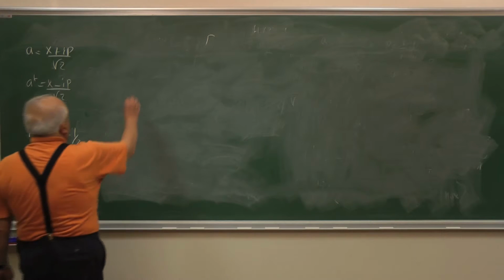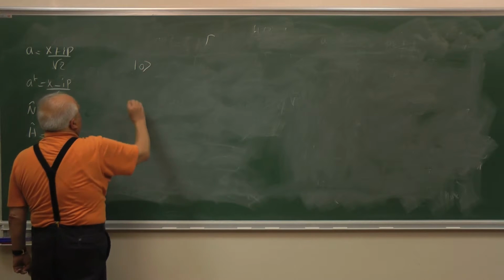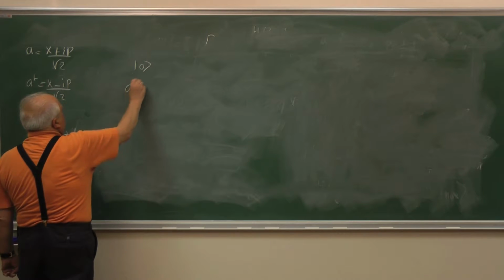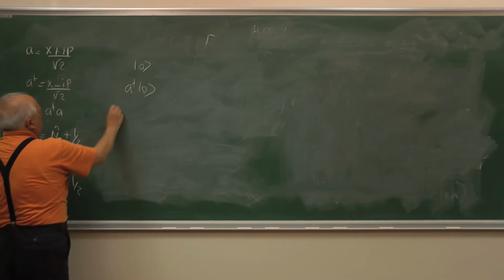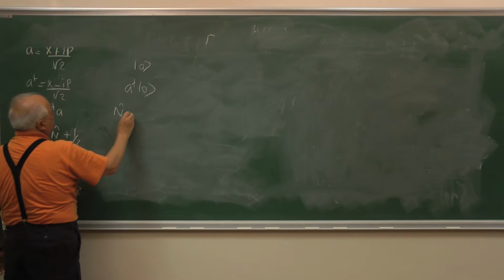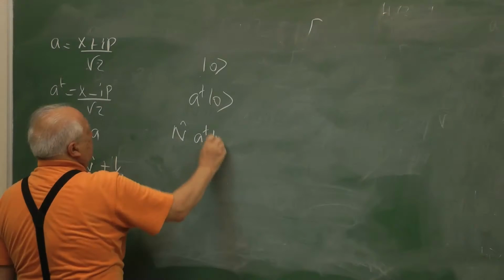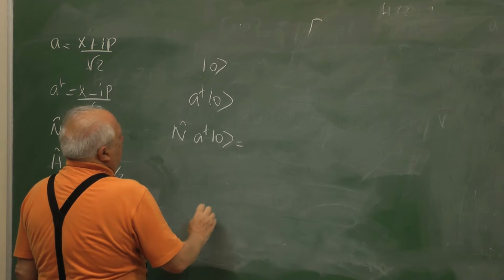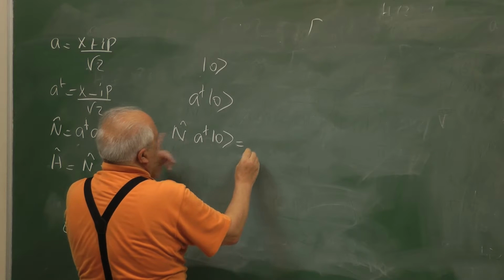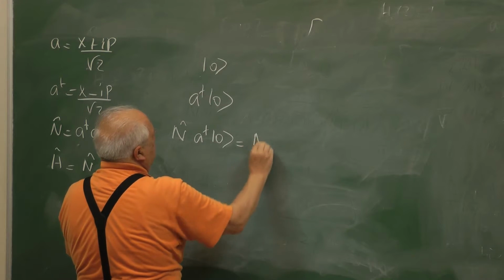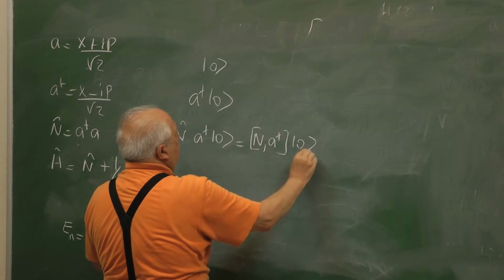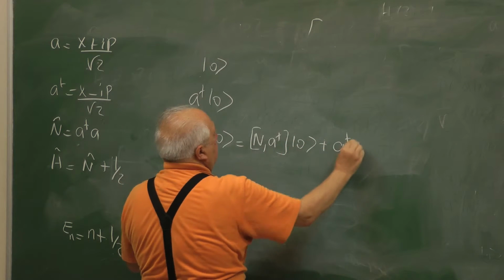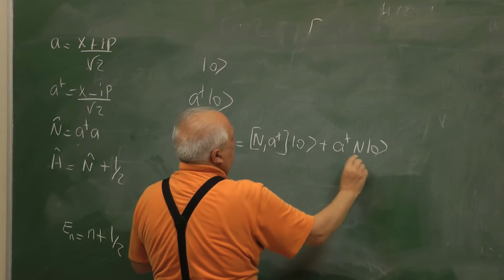Now we have the ground state 0, and now we have a dagger 0. Now what's that? We act on it with n to see what it is. Well, we use the commutation relation. That's n a dagger 0 equals a dagger n 0 plus a dagger 0, and the first term is 0.